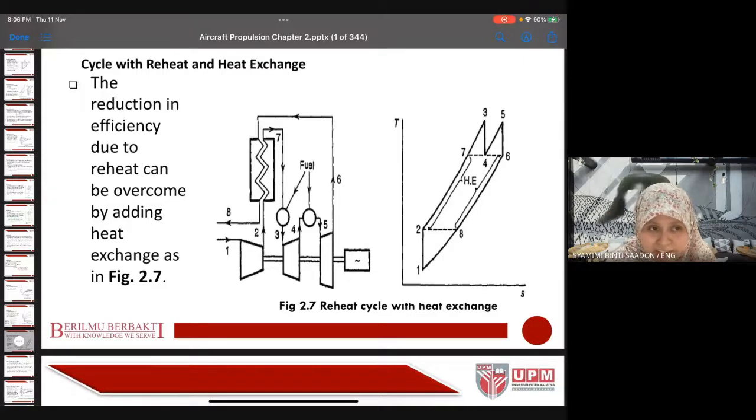So the idea of this combined cycle is that we want to use the higher temperature of the working fluid that has already been reheated. So we can use it to regenerate, and use it to preheat the cold side of the fluid.